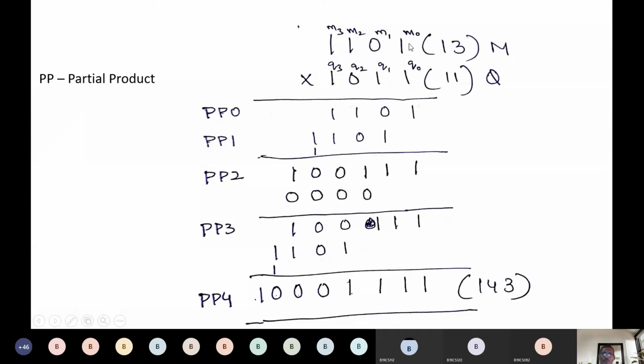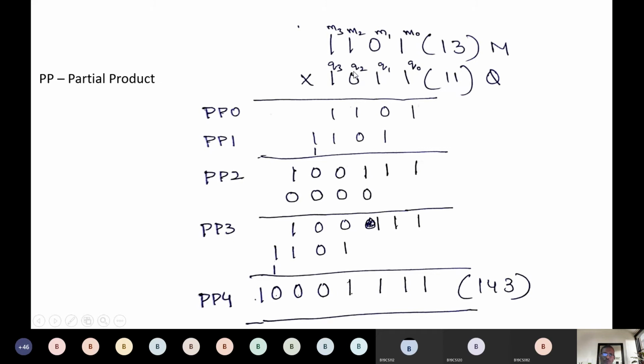Q1 into M0, Q1 into M1, Q1 into M2, Q1 into M3. We got this partial product 1. Next, we add these two. First, we will add these partial products. We get a result. This we call partial product 2. Next, we multiply Q2 with all the 4 numbers: Q2 to M0, that is 0 into 1, 0 into 0, 0 into 1, 0 into 1.